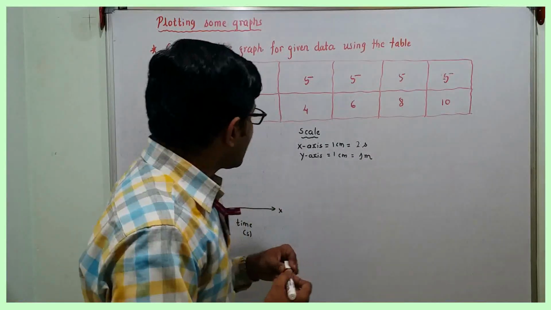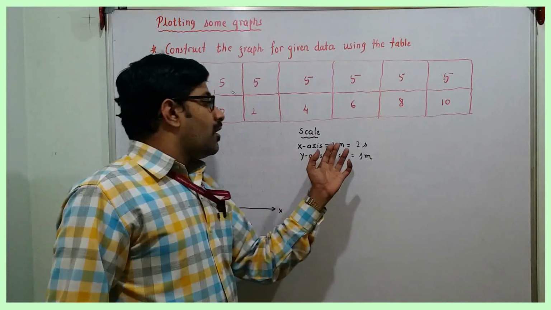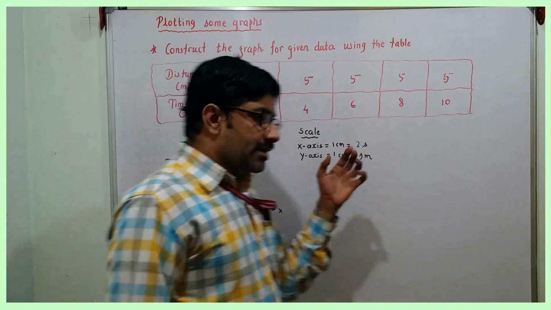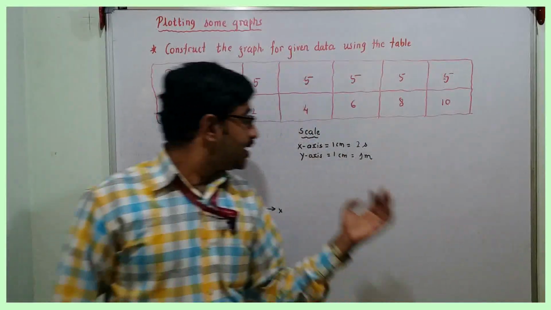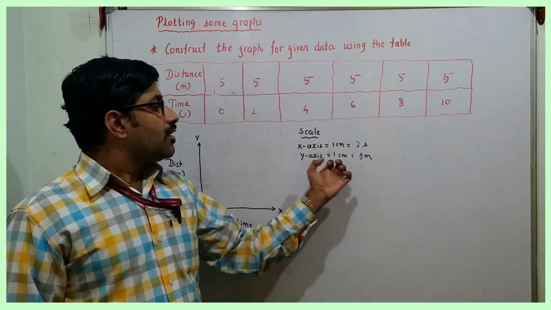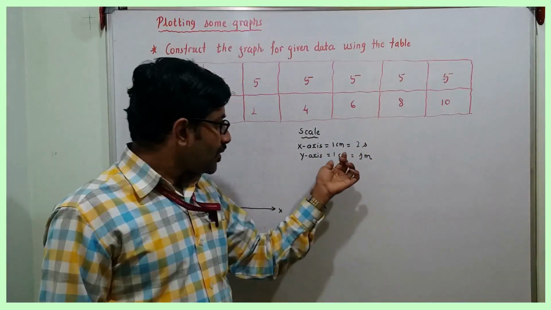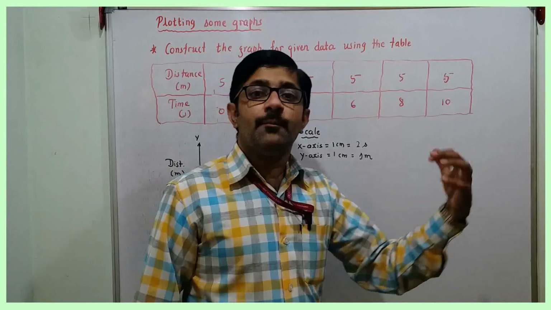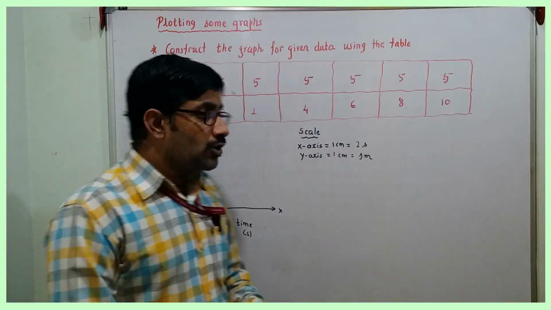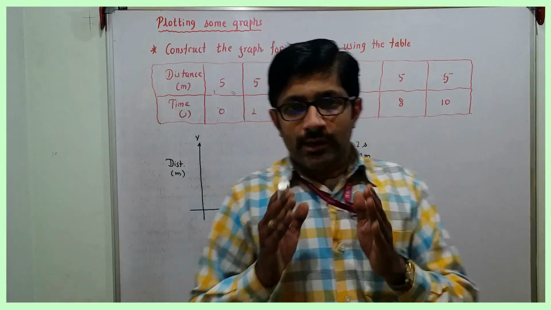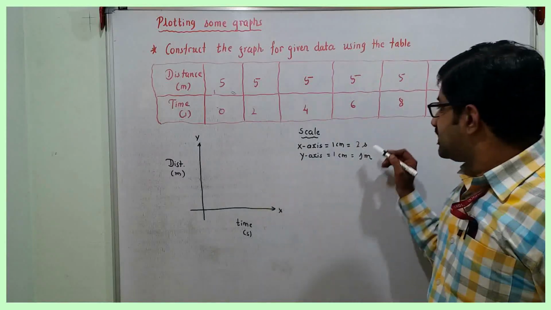Okay, so the x-axis of 1 centimeter provides 2 seconds, and the y-axis of 1 centimeter gives you 1 meter. Here we are considering this, so we need to keep an eye on these parts.